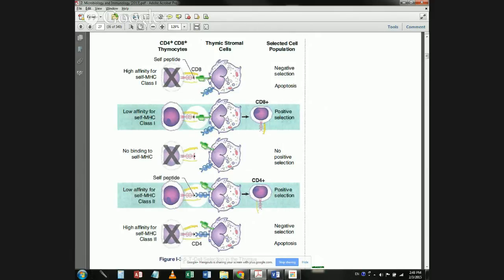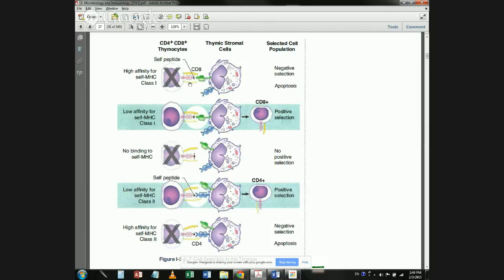If this MHC molecule, it looks like an MHC8 here, decides to bind, the TCR will also extend out a CD8 hand to shake, but it's too tight.